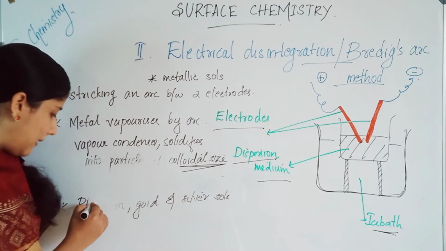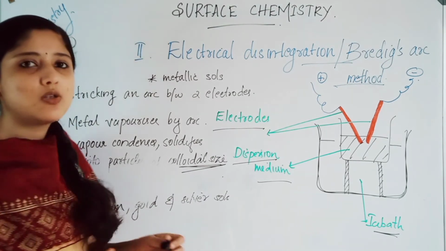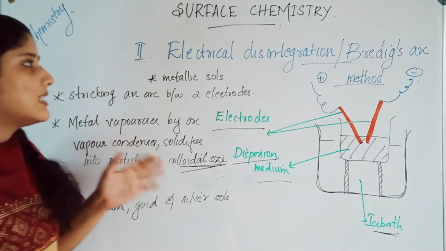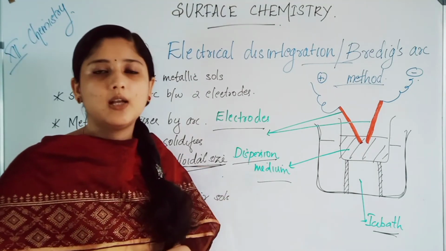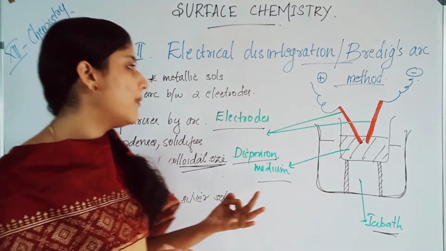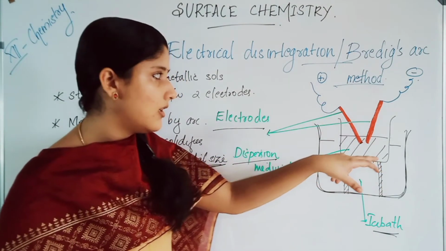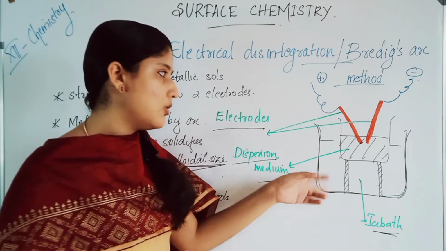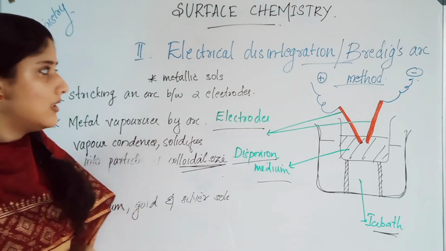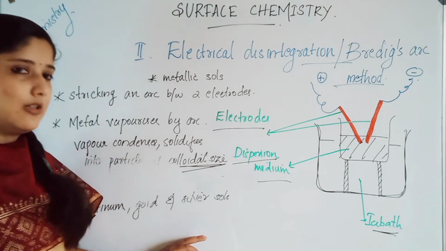We can prepare platinum, gold and silver colloids from this method, because an electrode made of that metal is used to make the corresponding colloidal solution. This is the brief idea of electrical disintegration, or Bredig's arc method.